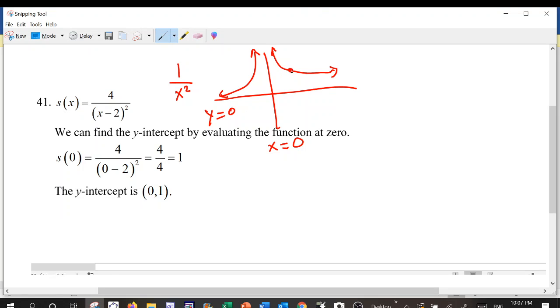Now we can put a point here. This is 1, 1, and this one, this time it is correct actually, it's negative 1, 1, okay? All right, now, is this related to that? Yes. It looks like first we move it to the right 2 units, and then we stretch it by 4, right?